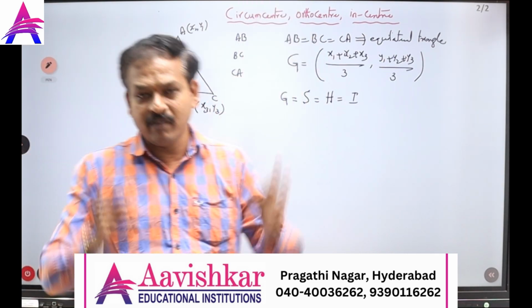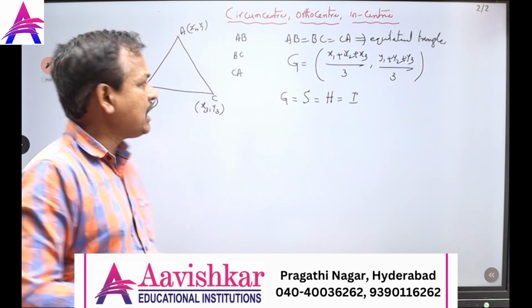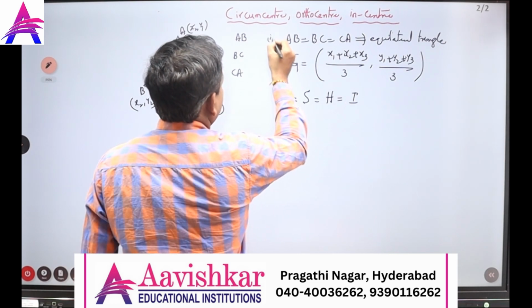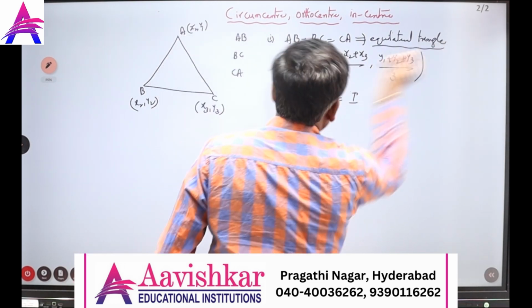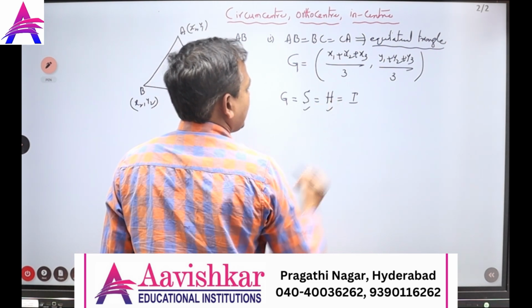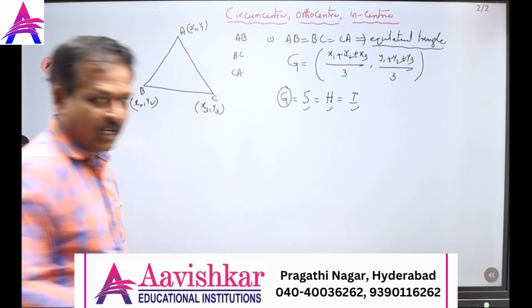Sometimes the triangle is not going to be equilateral. So this is the first point: if equilateral, the centroid G itself gives all three.